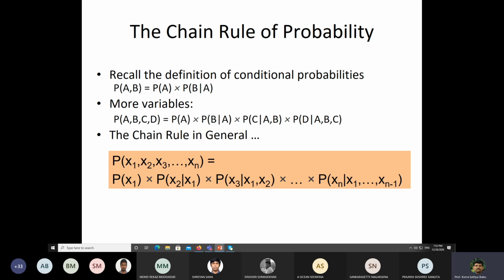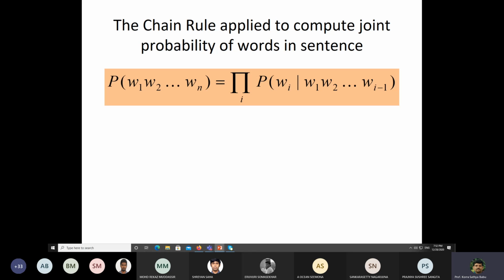So the probability of xn given x1 followed by x2 followed by x3, like that up to x(n-1). This is what we call the chain rule.